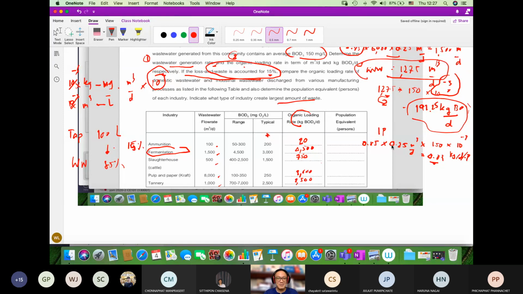One person generates 0.03 kilograms per person per day, so population equivalence can be determined by taking 20 divided by 0.03. So you will get the number of persons, 666.